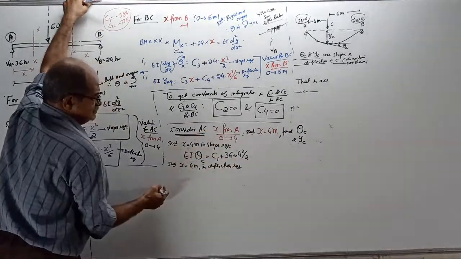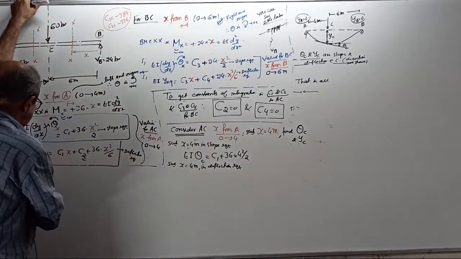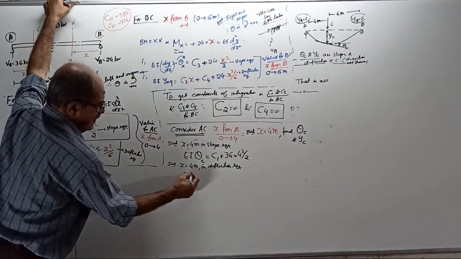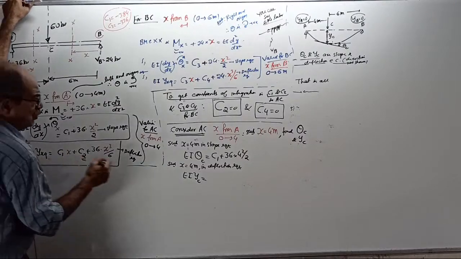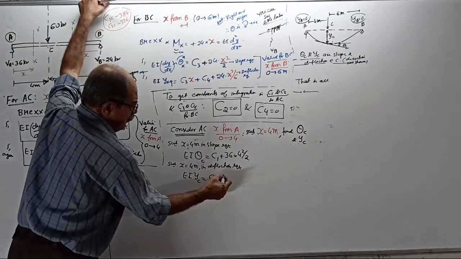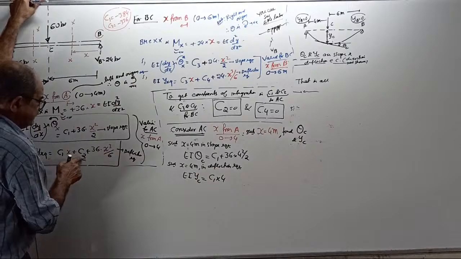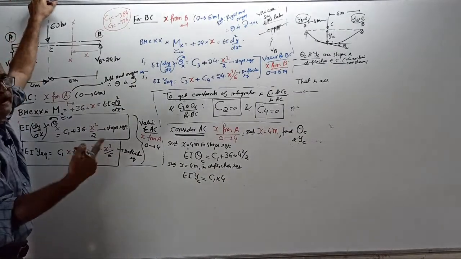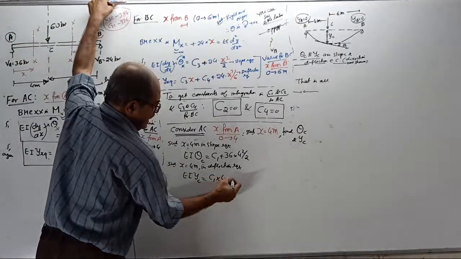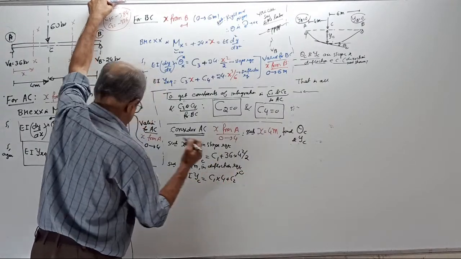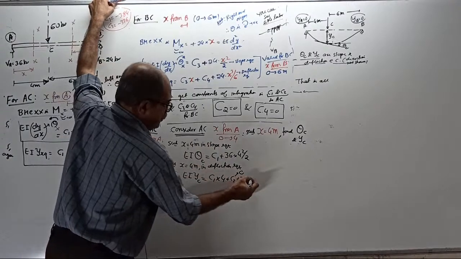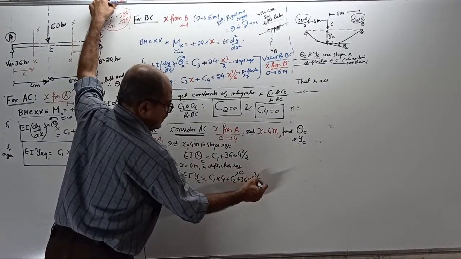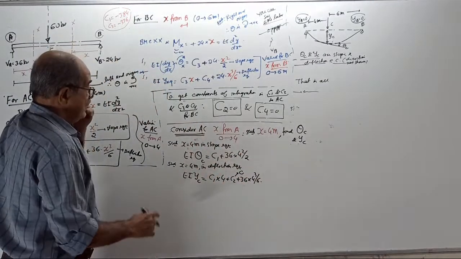You get EI yc equal to C1 into 4, C1 into x, plus C2, which is already 0, then plus 36 into 4 cube by 6. This is EI yc.